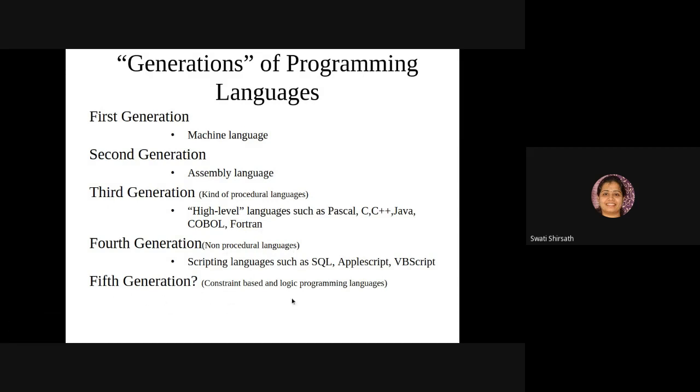And fifth generation languages are constraint based and logic programming languages. So it contains some natural language, automatic code generation, or object oriented languages. Natural languages are जैसे NLP आपने सुना होगा, natural language processing.